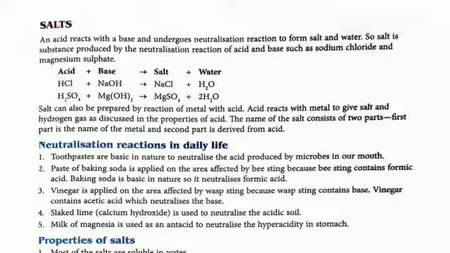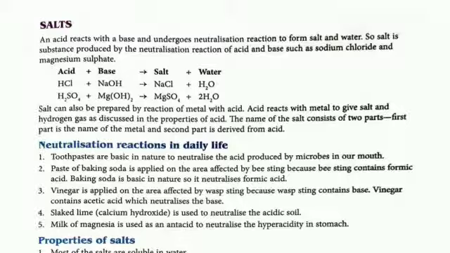They react with each other and form. How is it formed? Here you have to know, when reaction occurs in this case, we take the first part of the base and the second part of the acid, that is the salt. In this case, base NaOH has two parts, Na and the second part is OH.